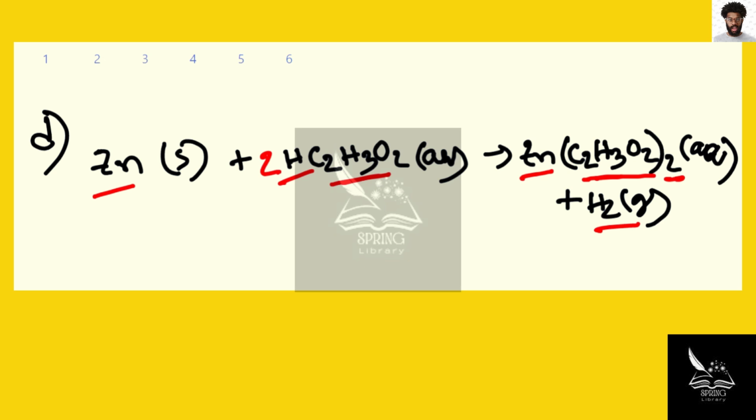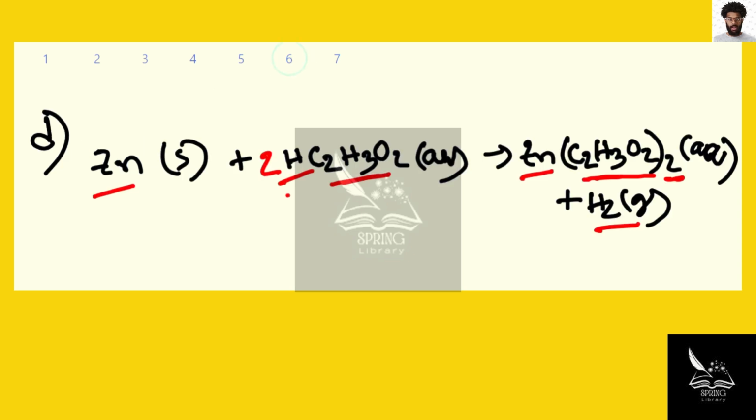So let's write it down on a new page. So we have zinc in solid. Then acetic acid is not a strong electrolyte, it's a weak electrolyte. That means it will not be completely dissociated into its ions. So we will write it in the same form.